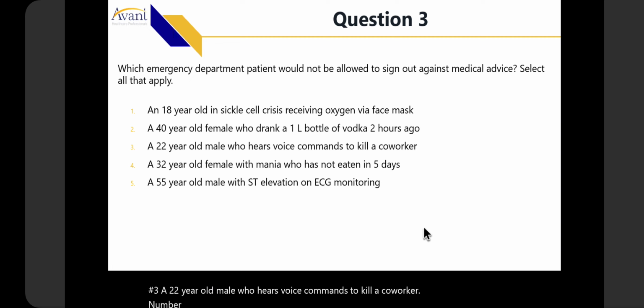Number four, a 32-year-old female with mania who has not eaten in 5 days. Or number five, a 55-year-old male with ST elevation on ECG monitoring. And which of these would not be allowed to sign out against medical advice? So select all that apply.